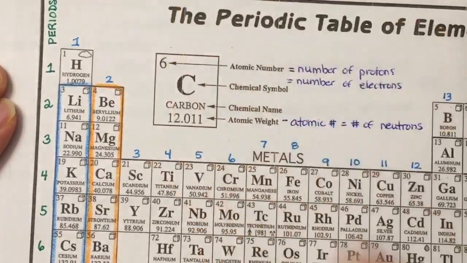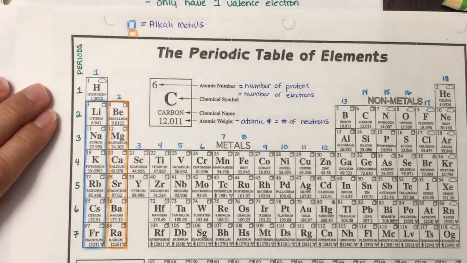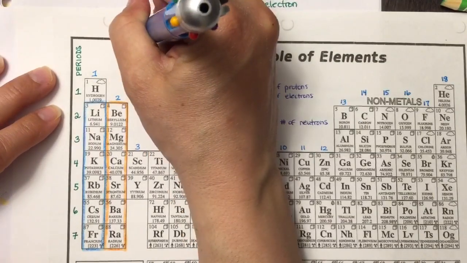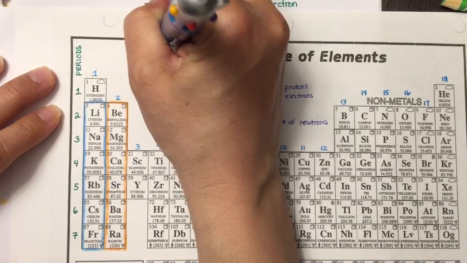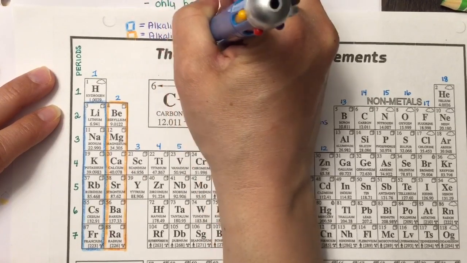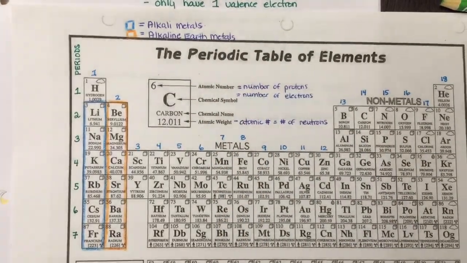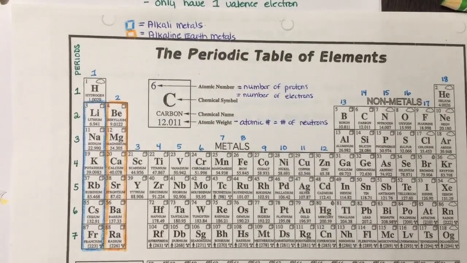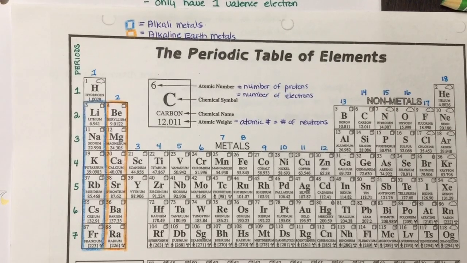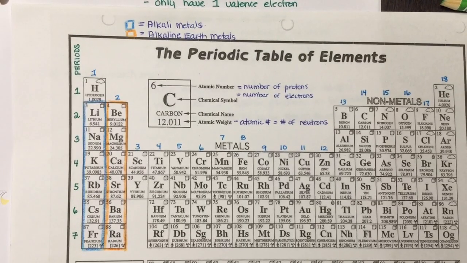Okay, and I'm going to add that to my little legend here. So the orange is alkaline earth metals. Okay, not alkali earth metals, alkaline earth metals.